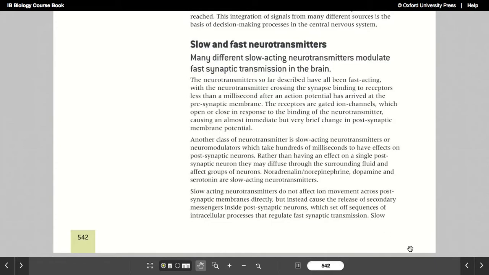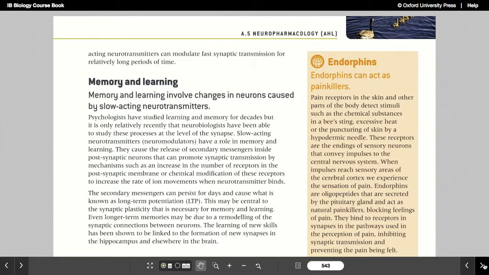The reason slow-acting neurotransmitters are different from fast-acting ones is because they don't directly do the activation of postsynaptic neurons. They use second messengers, basically a chain reaction, rather than being the direct guys that cause the change. But I don't think you need to know that in detail.